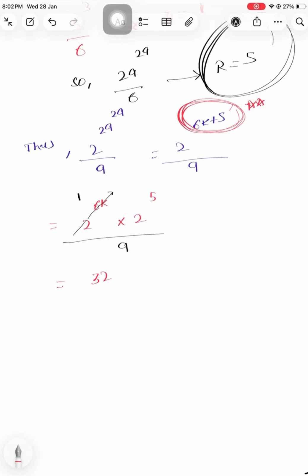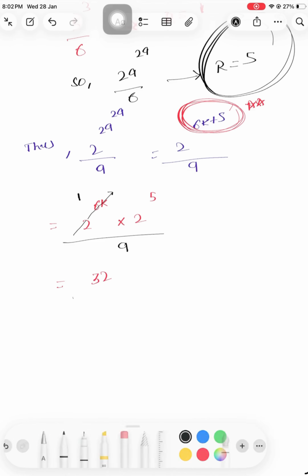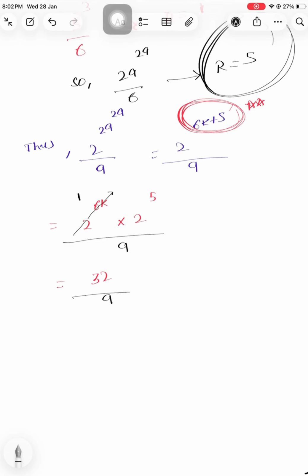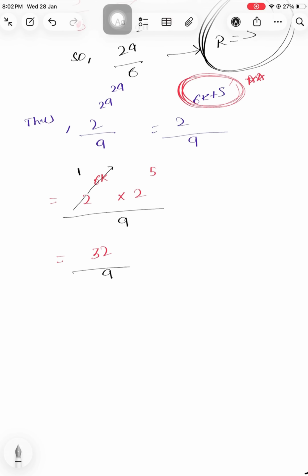That's the only difference, wherein first we dealt with keeping the base value under consideration, and secondly we focused on only the powers, and by combining these two different phases we have come to the main remainder, which is coming as 5 over here.